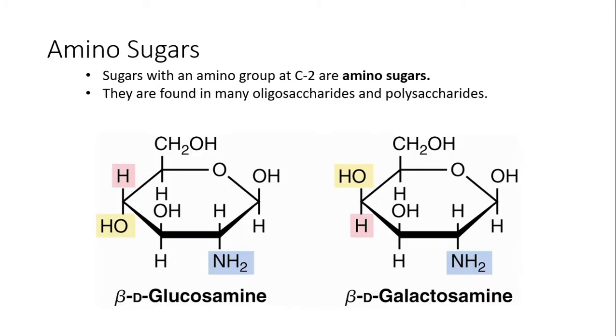Amino sugars. So we have an amino group that is replacing either a hydroxyl group or a hydrogen. Actually, these are hydroxyl groups. Beta-D-glucosamine, you're probably very familiar with. In the U.S., it's one of the most common non-vitamin, non-mineral dietary supplements that are used by adults.